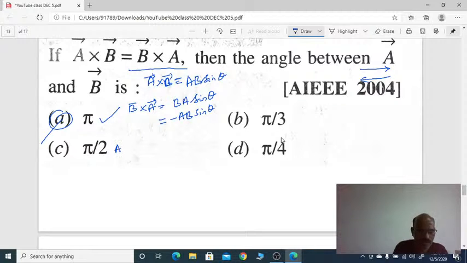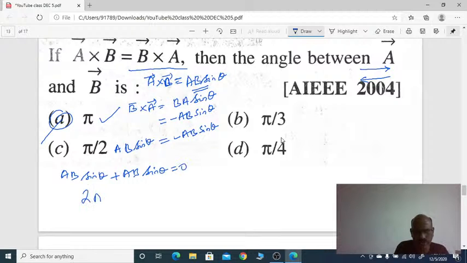Now, A cross B equals AB sin theta. What is B cross A? B cross A is minus AB sin theta. This is the other method I am showing. Now this AB sin theta, bring it to this side: AB sin theta plus AB sin theta equals 0. That means 2AB sin theta equals 0.